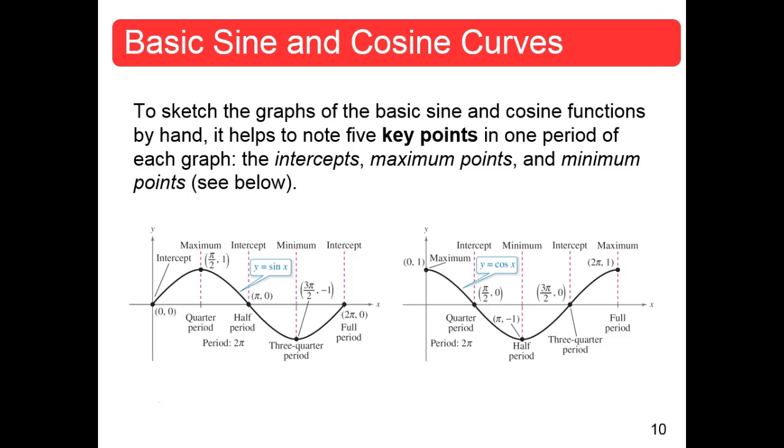So basically, the first thing we're going to do later is, once you've determined what the period of the function is, for sine and cosine, what's the period? 2 pi. Divide that by 4. And 1/4 of 2 pi is?